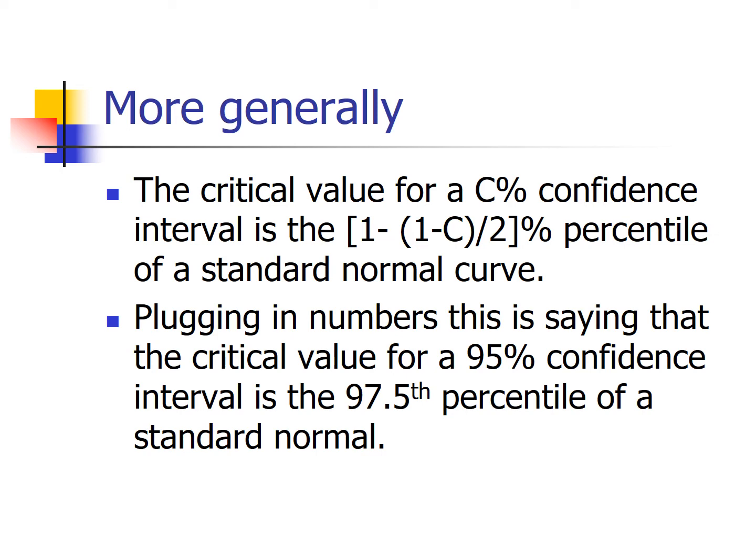And it's kind of bigger picture concepts like this, which is why I was encouraging you to put in the work earlier. You should be able to convince yourself about what I said just there, that the critical value for a 95% confidence interval is the same as the 97.5th percentile of a standard normal distribution. Again, if you do not understand that, you need to come talk to me. You need to come talk to some of the GAs.